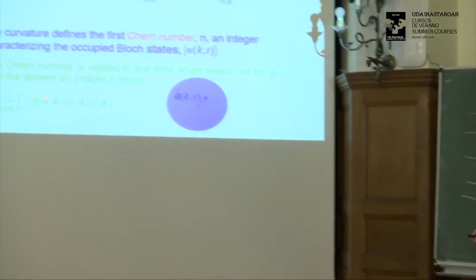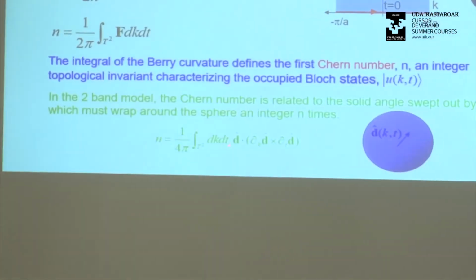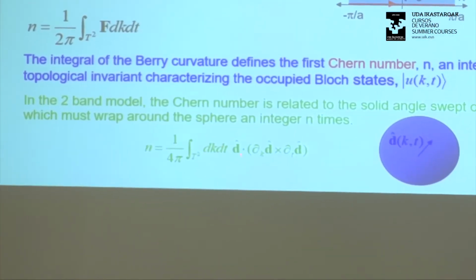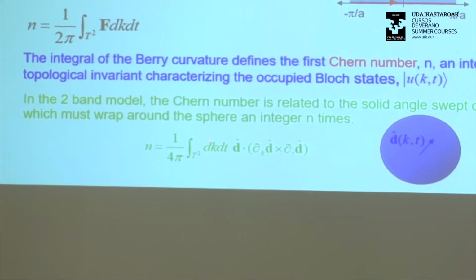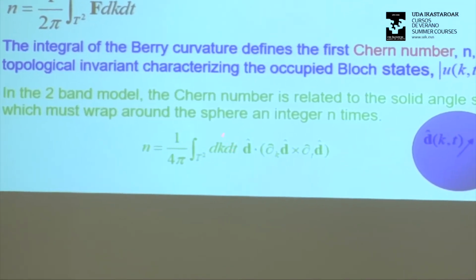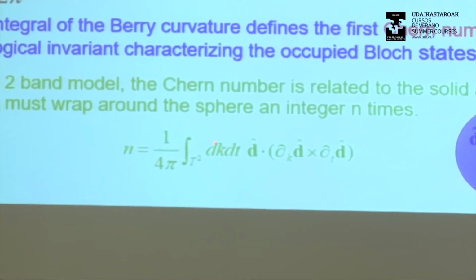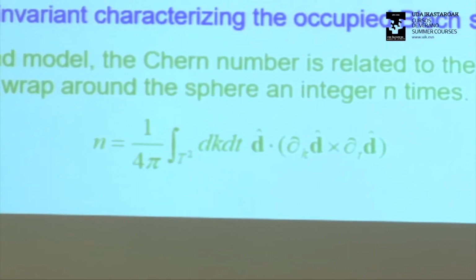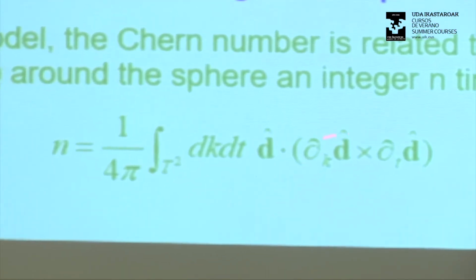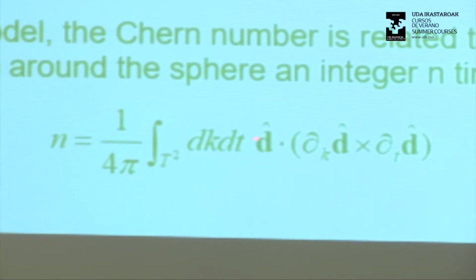In every area element of the torus, you can write down the solid angle on the sphere that gets swept out. That's going to depend on derivatives of d hat.